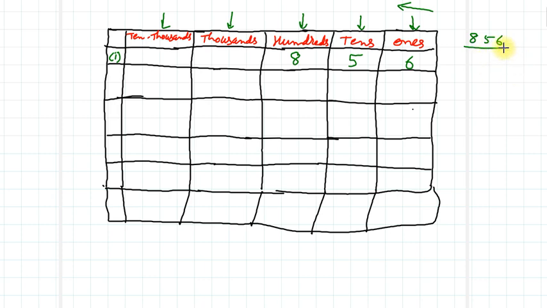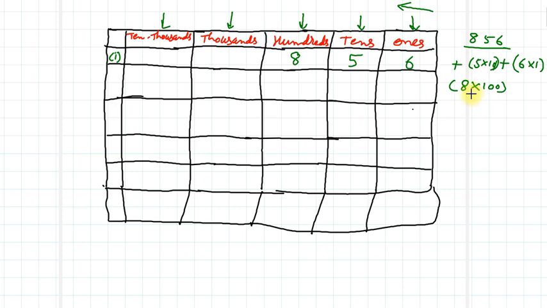If I start from the extreme right, first I have written 6 ones, that means 6 times ones, 6 into 1. Right. Then I will add plus here 5 times tens, 5 into 10. Then again I will put a plus sign here: 8 times hundreds.